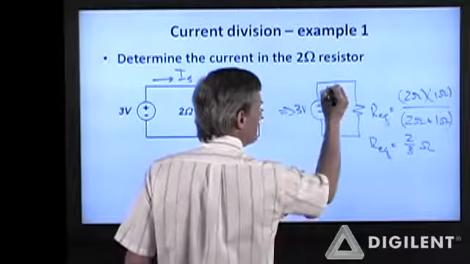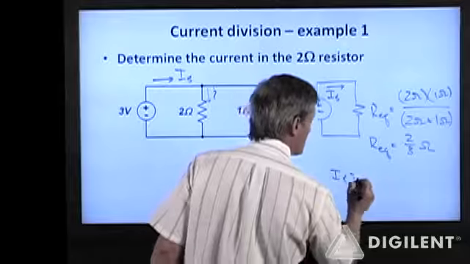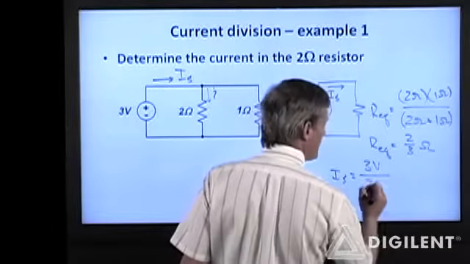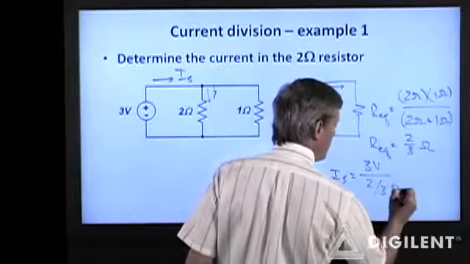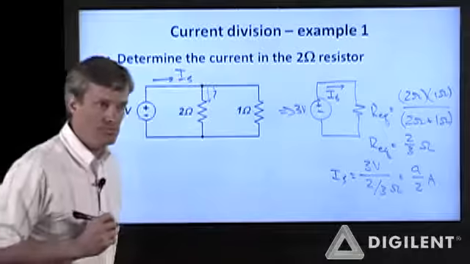Now, this current, I sub S, is V, 3 volts, over Req, which is 2 over 3 ohms, or 9 over 2 amps.